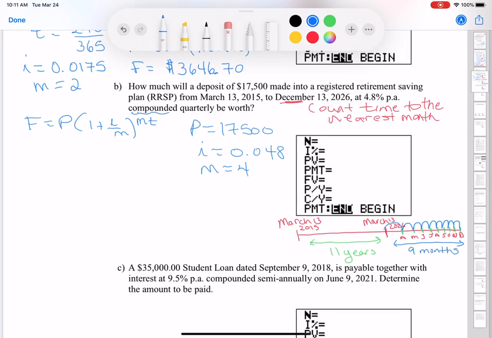All right, so now we can go back to our formula. So our future value is equal to 17,500 times (1 plus 0.048 over 4), and my exponent is 4 times 11 years and 9 months.